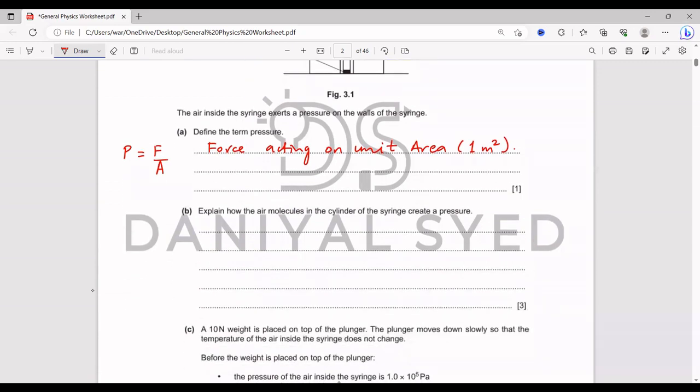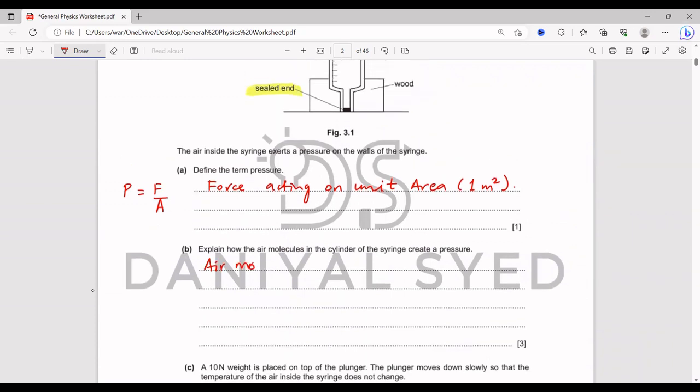So you should write down: air molecules move randomly and make frequent collisions with the wall of the syringe.